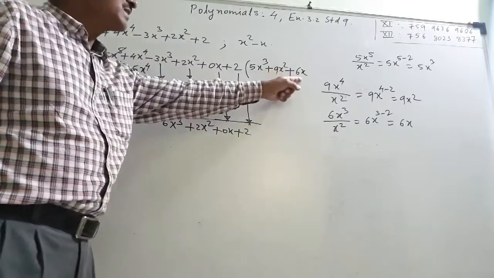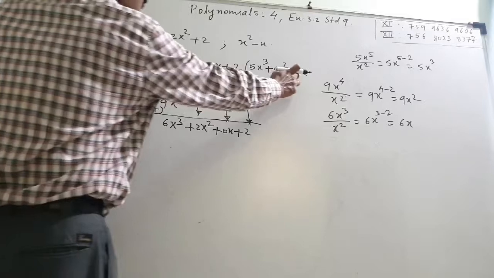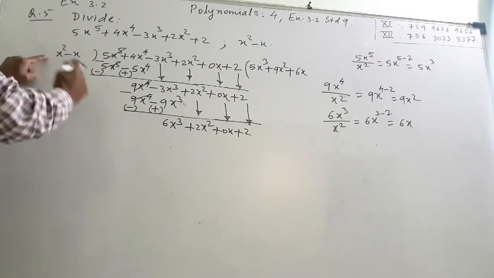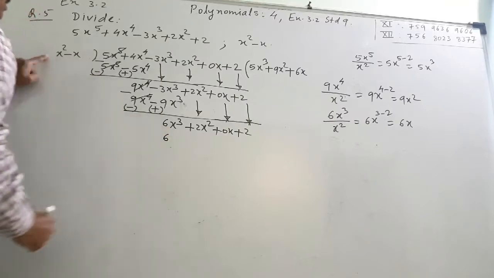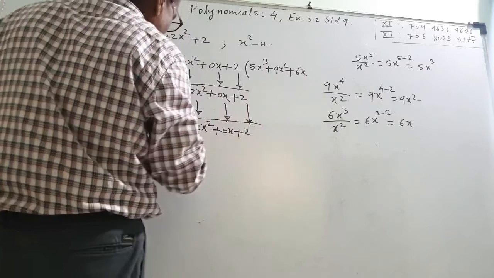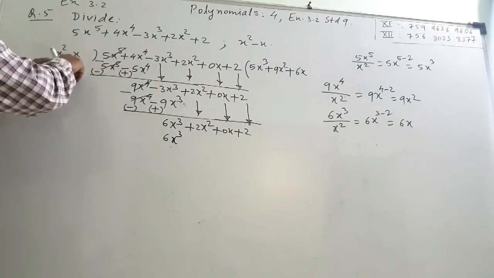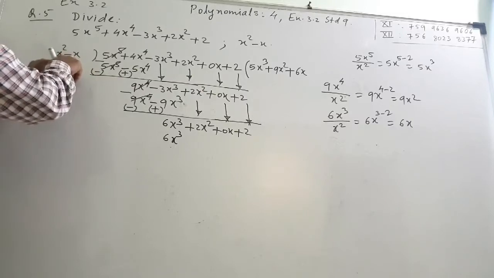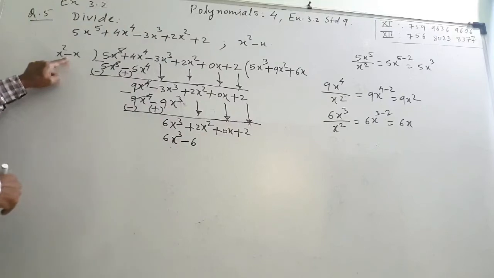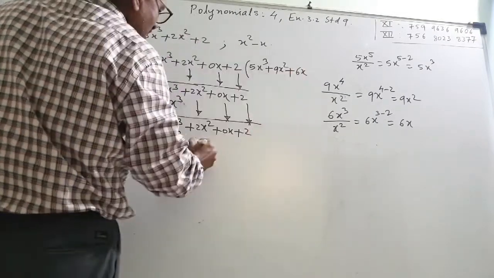Now by this 6x, I will multiply this and this. So if this is 6, it is 1. First of all, the multiplication of the numbers. 6 1 the 6. Now this x square into this x raised to 1, so x raised to 3. Now this minus 1 here it is and this plus 6, so minus 6. 6 1 the 6. x raised to 1 into x raised to 1, so x raised to 2.